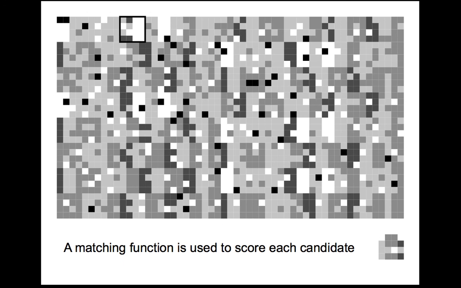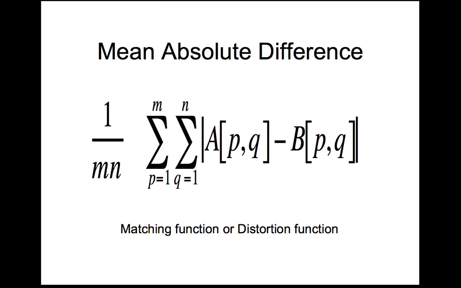So we then use a matching function to score each candidate. Don't be freaked out by the representation here. This is the mean absolute difference.